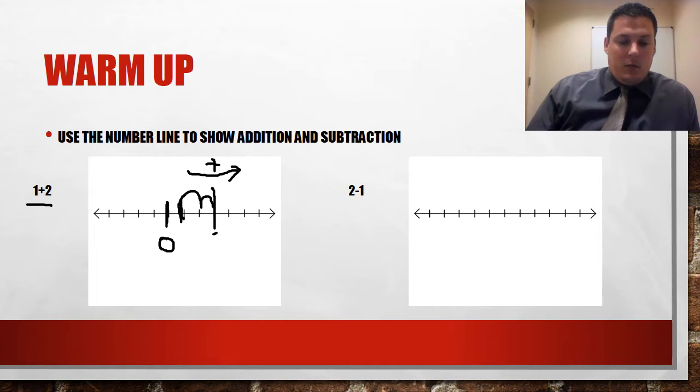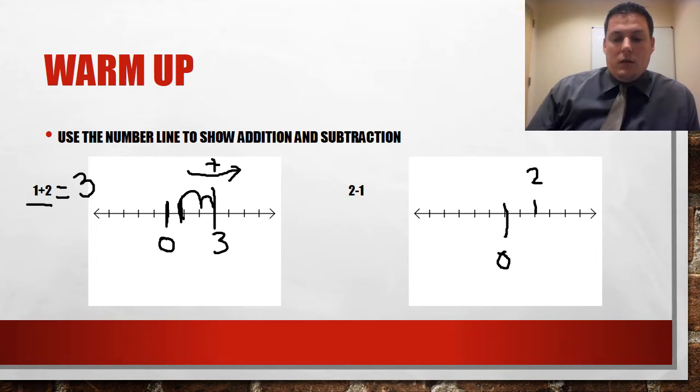So that's our final point, which is 3. And I know this is a super basic example, but again, it's just showing you how we're moving on the number line.